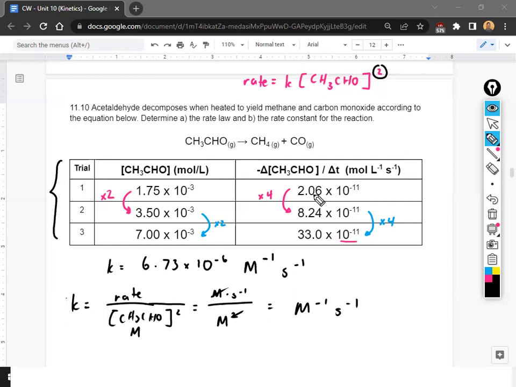Yeah, I plugged it in the way it is. It's positive. Pretty sure I did it. I just plugged it in exactly the way I got it. So 1.75 times 10 to the negative 3. And then on the top you plug in 2.06 times 10 to the 11.